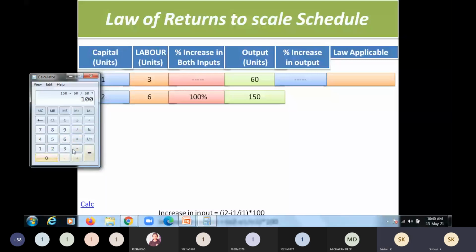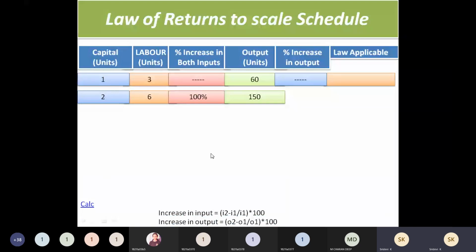So how much percentage will that give you? 150 percent. So you are going to show that here in this table, 150 percent. Now compare both the percentage increase in output and the percentage increase in inputs. Input is increasing only 100 percent, but the output that you are obtaining is 150 percent, right? So this is called what? Increasing returns to scale.